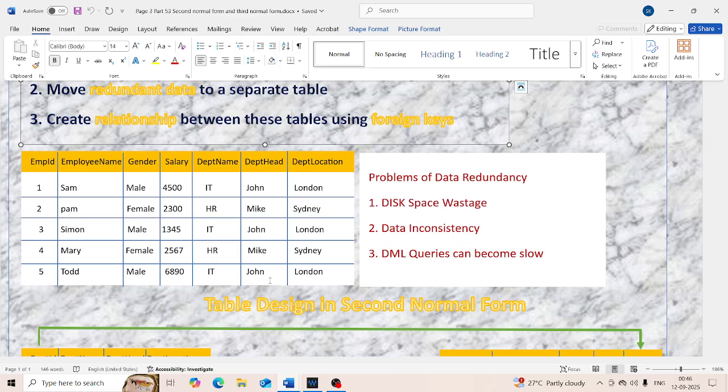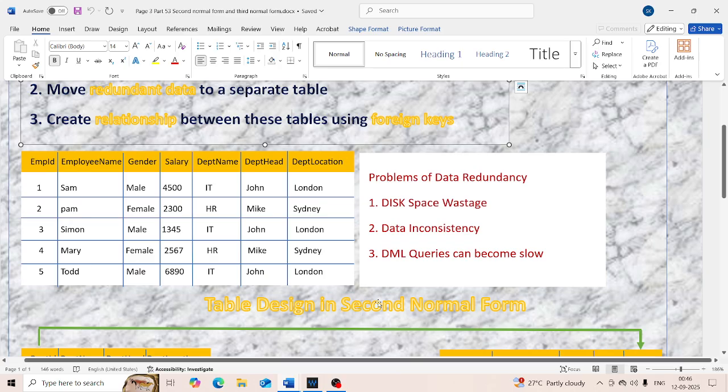So redundant data can also lead to data inconsistency. And obviously your DML queries, which include insert, update, and delete statements, could become slow as well. Why?